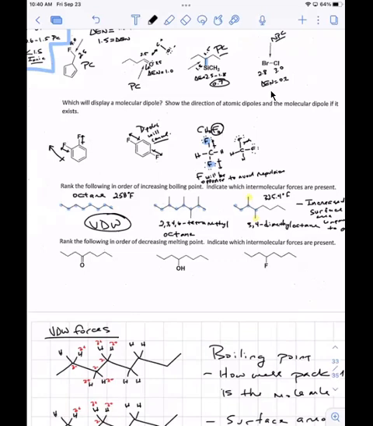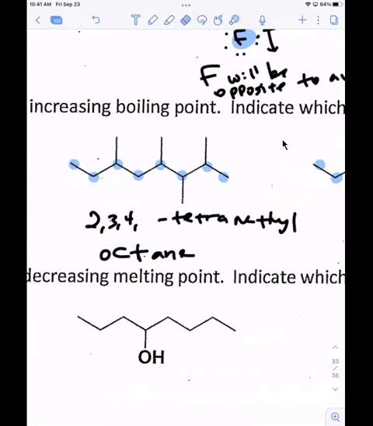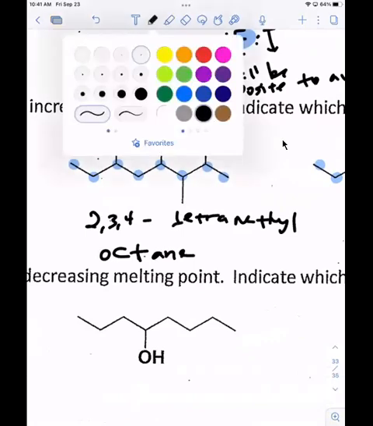This really threw a monkey wrench. And hold up. Okay, so the boiling point here, let's do this. We're going to take off one of the methyl groups. I'm going to take this one off.